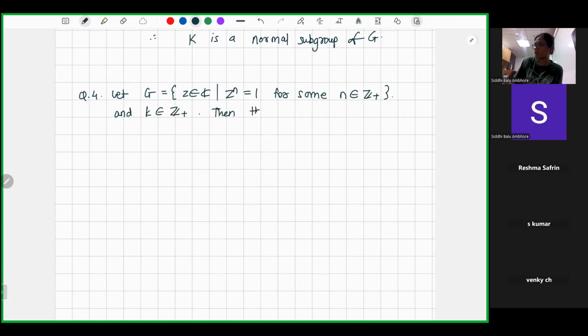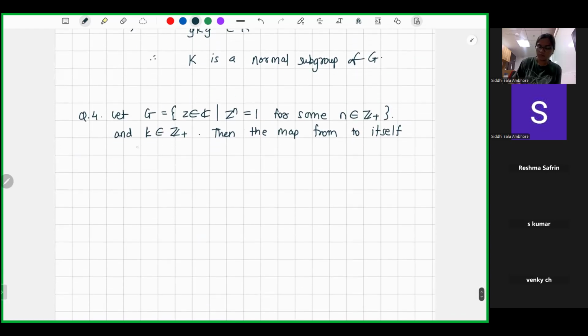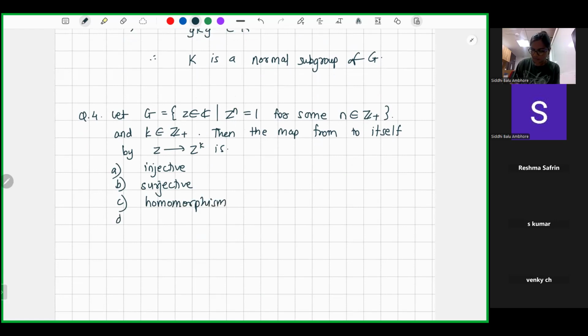Then the map from G to itself by z going to z power k is: the options are A injective, B surjective, C homomorphism, and D isomorphism. We have to check which of these is happening.